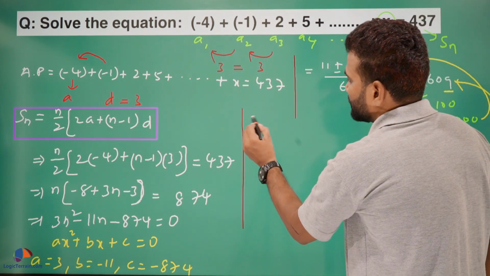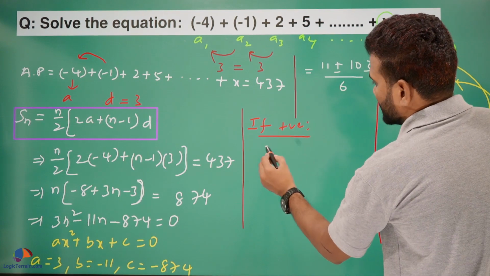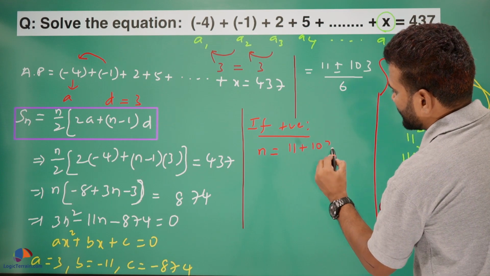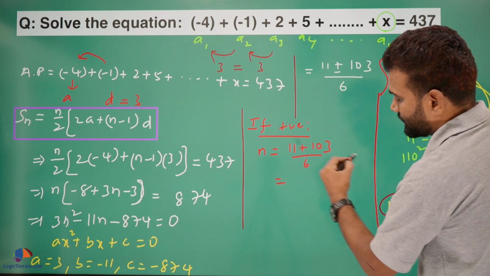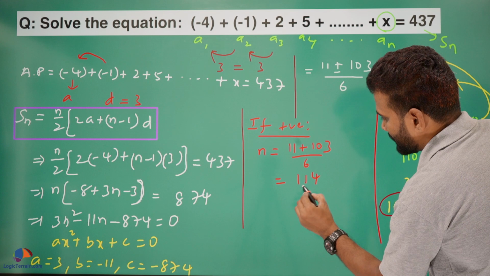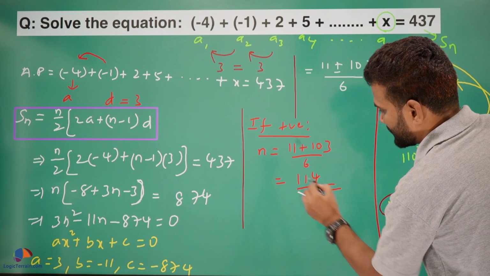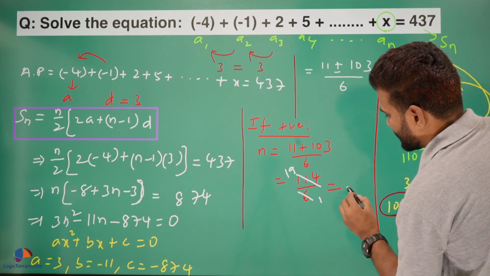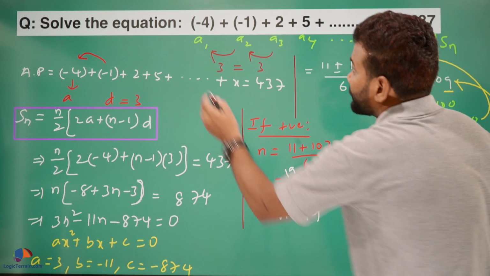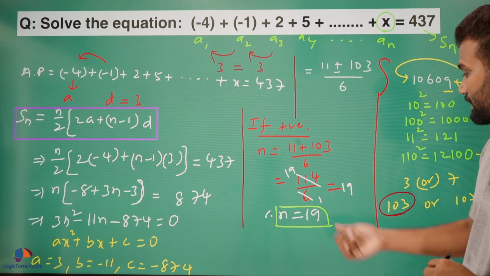If we take positive, n becomes 11 plus 103 upon 6, and further this becomes 114 upon 6, and when you divide this, 6 1s are 6, 6 9s are 54, so 19. Therefore n is equal to 19. Here we got the n value, that is 19.